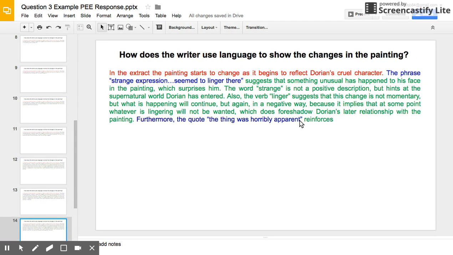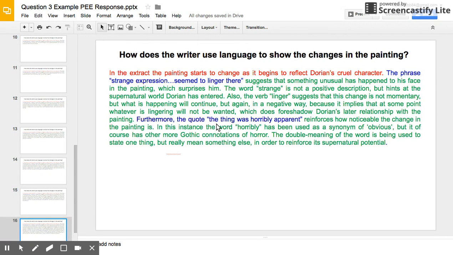Again, I've got my embedded quotation. I've used the quote rather than the phrase, and I've then explained it. There is no comma conjunction here, it might not fit. Here though, I have extended it with a keyword, and then I've put an additional sentence for that keyword.